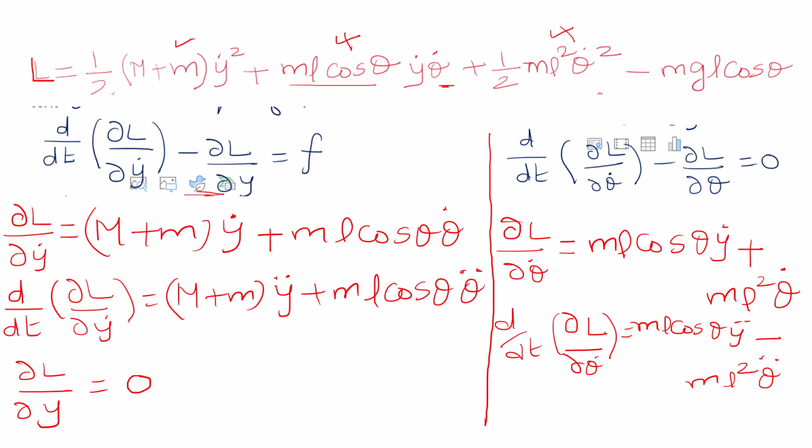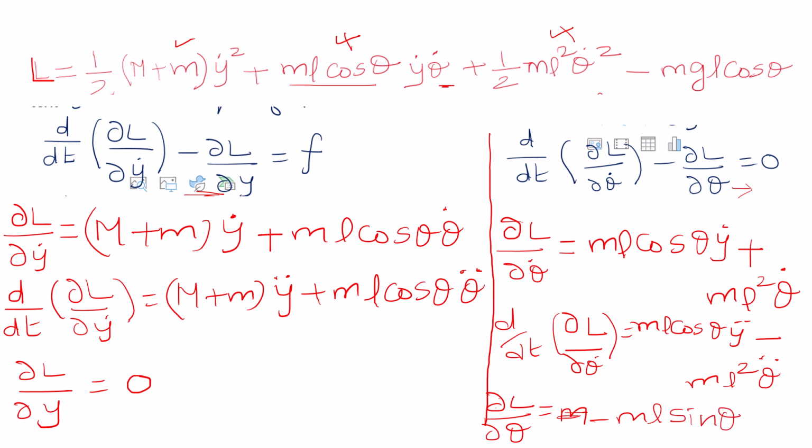Next in the equation of motion we also need to find dou L by dou theta. As you see here, the first term doesn't have a theta. Yeah, the second term has a theta, so ml cos theta y dot theta dot, and the last term also has theta. So on differentiating, you'll be getting, sorry, minus ml sin theta.